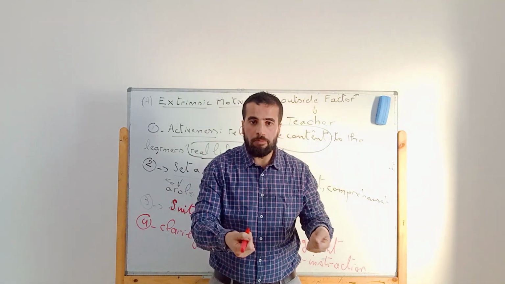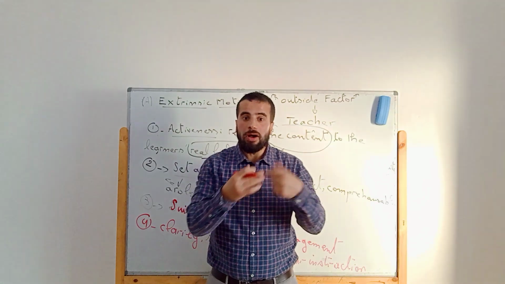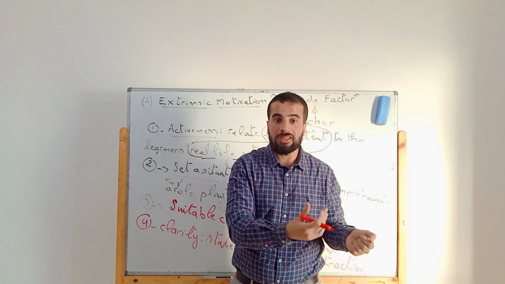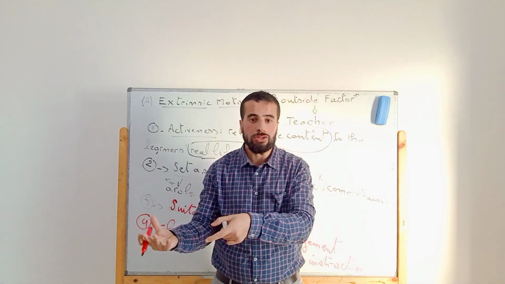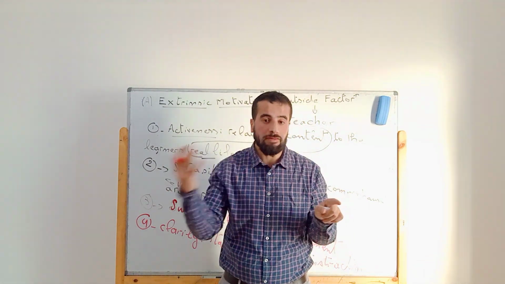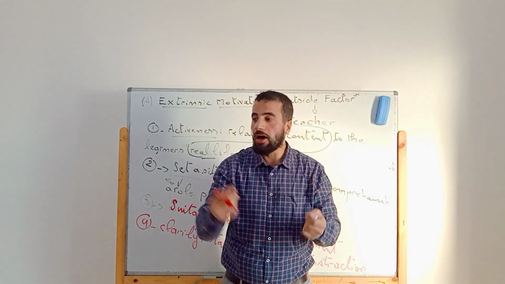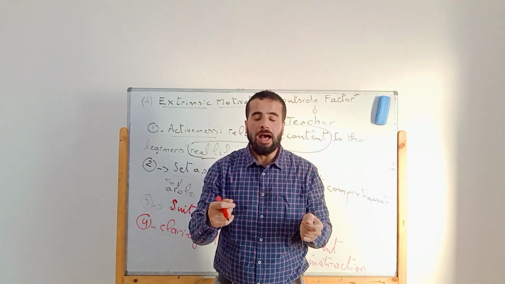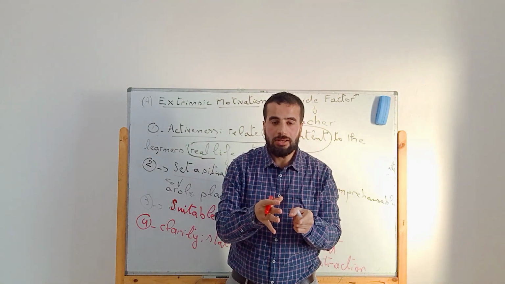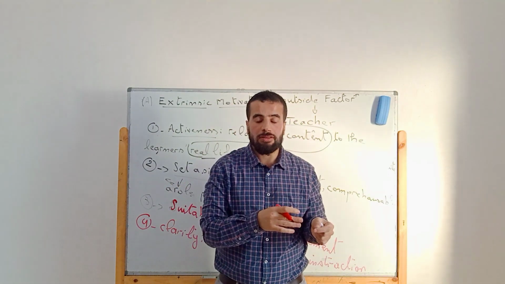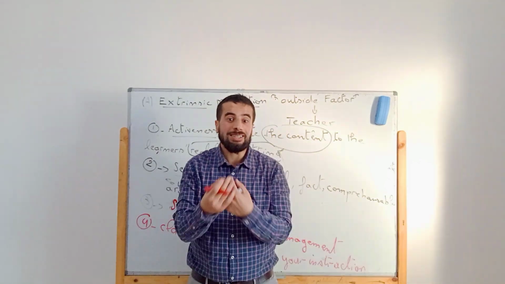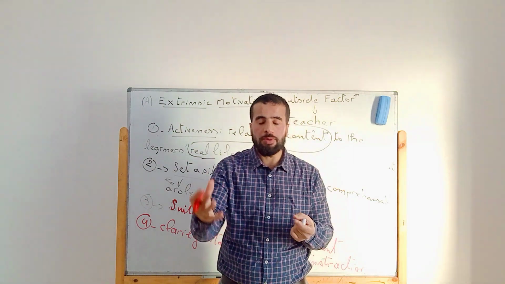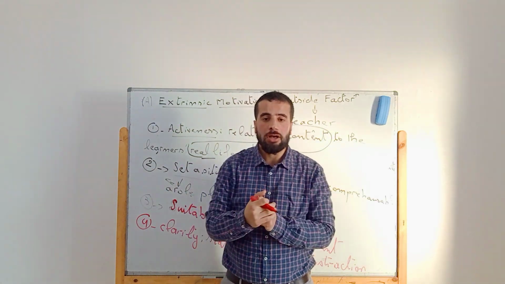So support them, make them motivated. The other colleagues will see how you react with the smart students. So they will be jealous, if I can say that. They will be competitive. I need to do like he did. I need to perform the task better than him. So this is the reason. This is the relationship between extrinsic and intrinsic motivation.